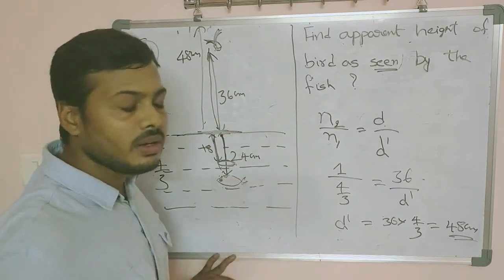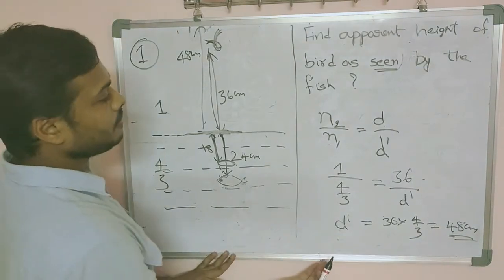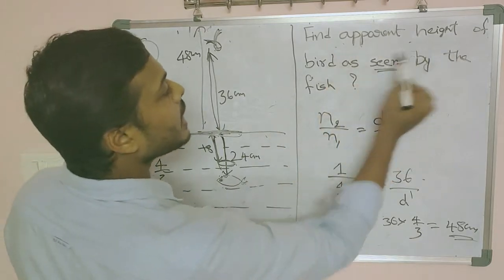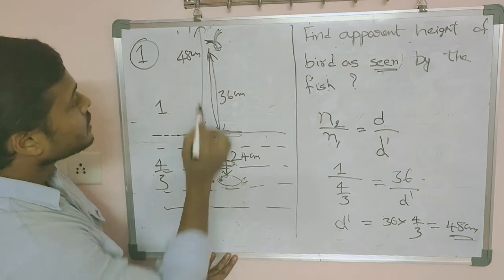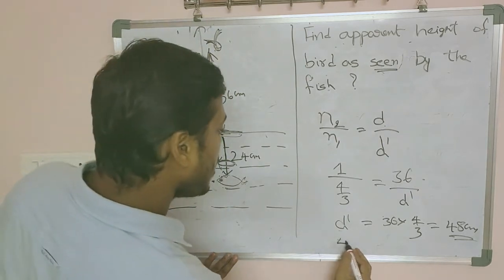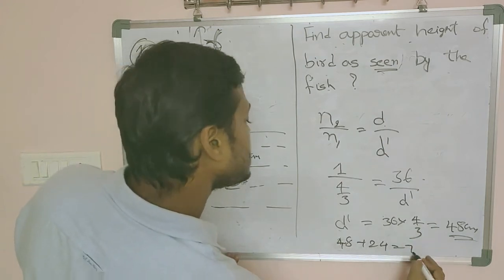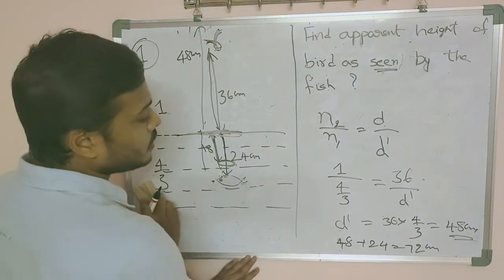It depends on the cases. So 48 centimeters. But what is the question? 48 centimeters is from the boundary. Find the apparent height of bird as seen by the fish. Fish is seeing from here, right? So this is 48 centimeters and this is 24 centimeters. 48 plus 24 is equal to 72 centimeters is the answer. And now we will move to the next question.